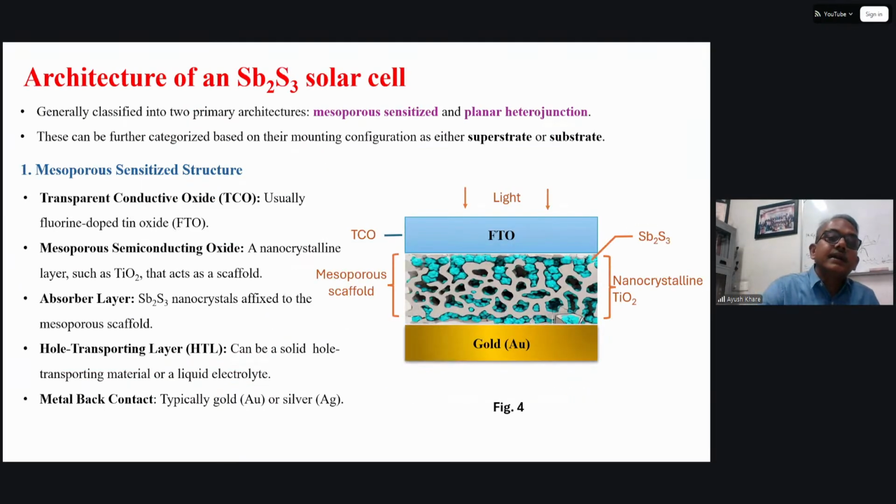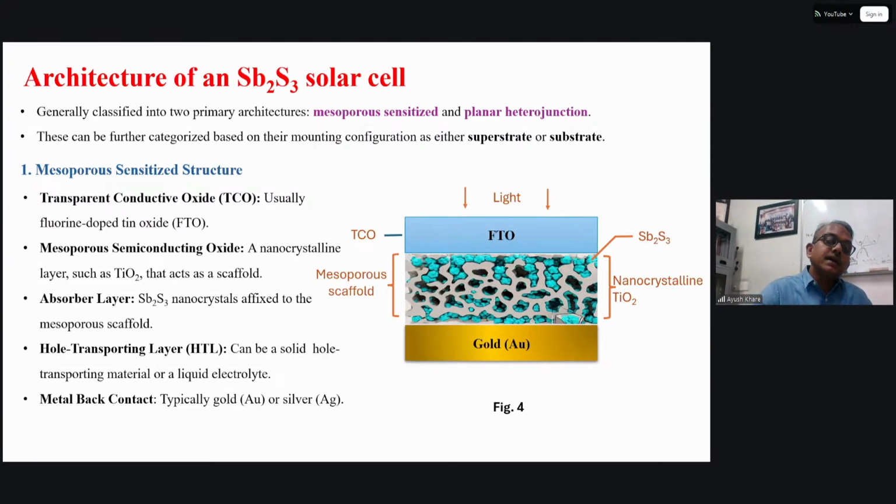In these particular materials, we have a transparent conducting oxide through which the light enters, and generally FTO and ITO are used. A mesoporous semiconducting oxide such as titanium dioxide is generally preferred. The absorbing material is Sb2S3. The main absorbing or active material is this antimony sulfide, which absorbs photons and creates electron-hole pairs.